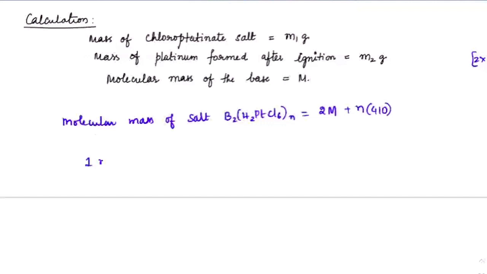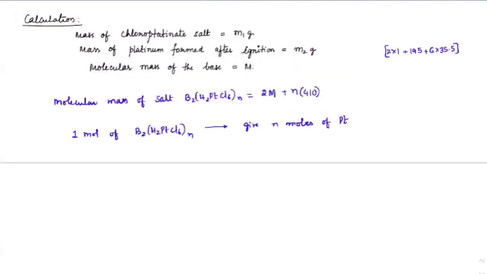Go up and see here. If I take this as 1 mole, I'm getting n moles of platinum. So if I take 1 mole of this salt, I'm getting n moles of platinum. Then if I take 195 into n grams of platinum, this much amount of platinum.